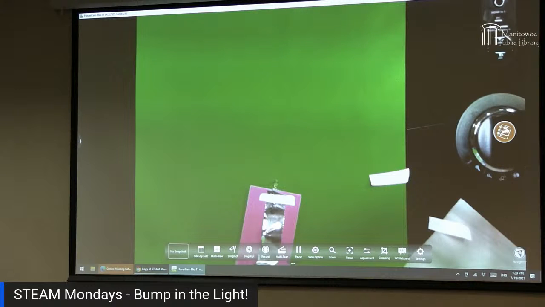I skipped a step, I keep skipping a step. The next thing you do is label one side L plus, that's where that leg is gonna go. Put one side down, plus. And the other side, you're gonna put S for short, minus, because remember, one of our legs is long, one of our legs is short.